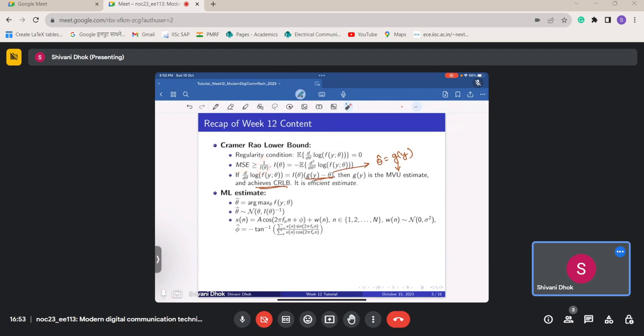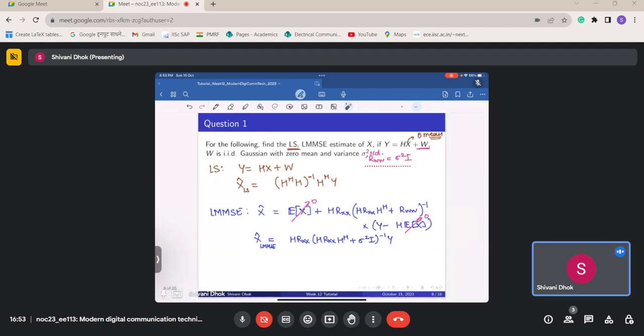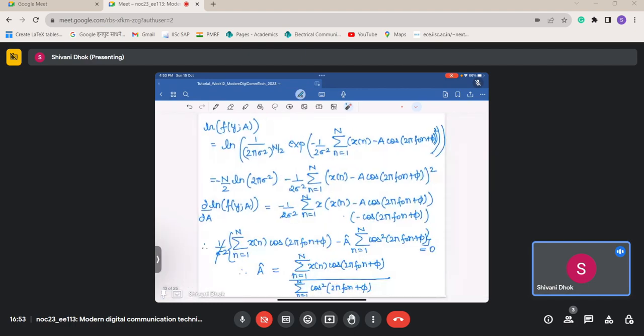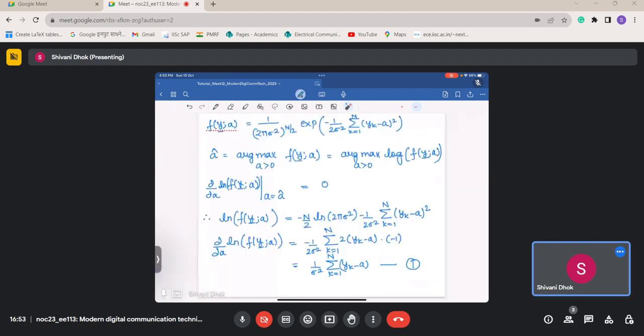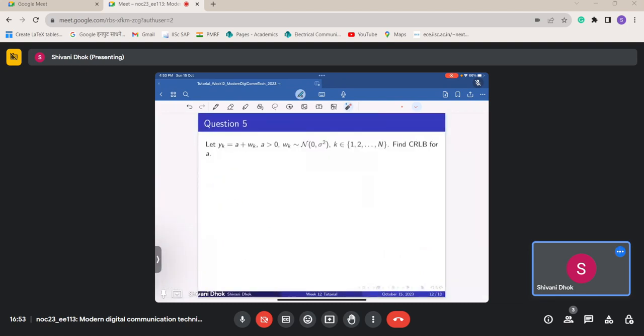So this 1 by I theta is basically the lower bound on your mean square error or your error covariance. First, we need to check whether the regularity condition is true or not. So let me write it down.